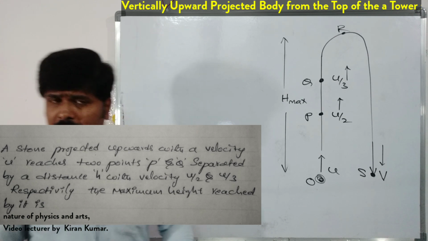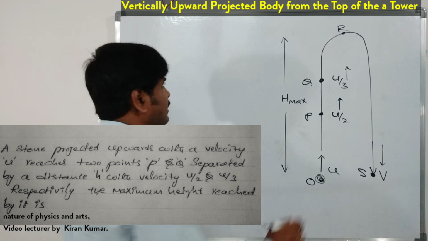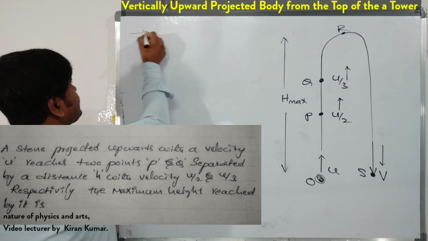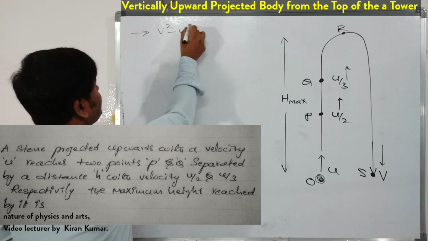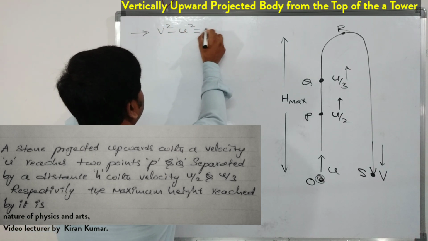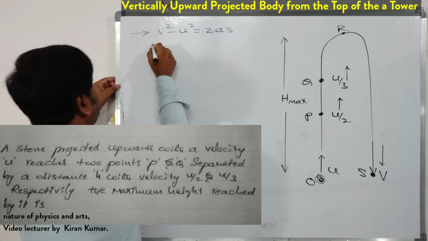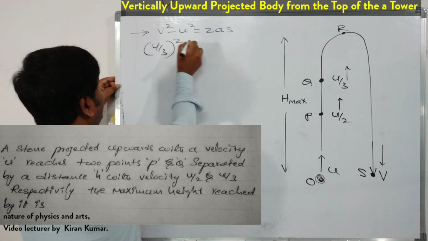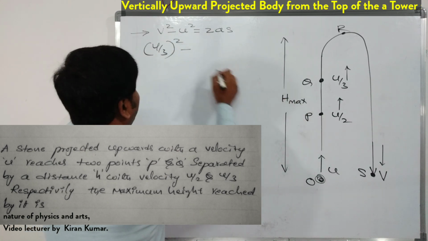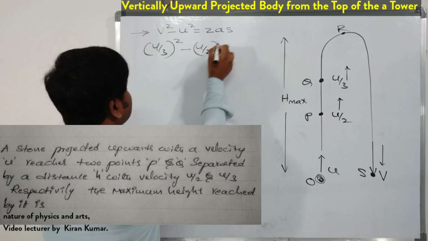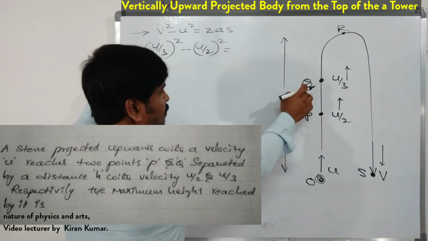Then step by step we can discuss: v² − u² = 2as, where the v value is (u by 3)² and the u value is (u by 2)² at the P and Q positions.